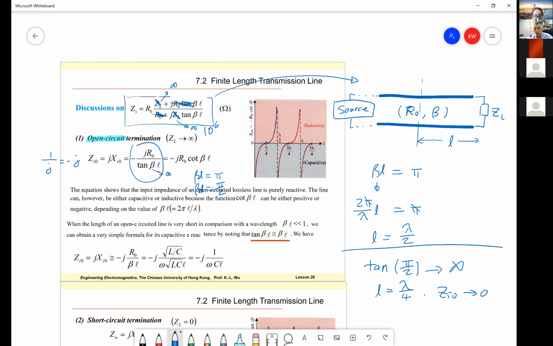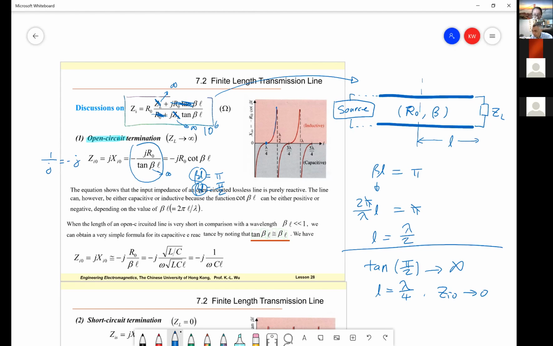So at a different location or different frequency, it depends on what you're talking about. Because we have beta L, we can either change beta or change L. Fix L, we can change beta, or change the wavelength; or we fix the wavelength and change L. Let's say we fix the frequency.